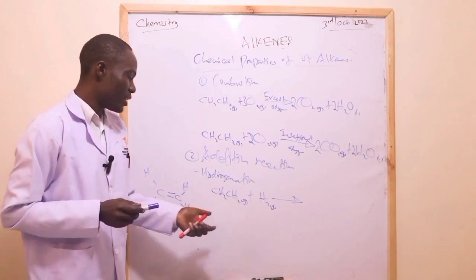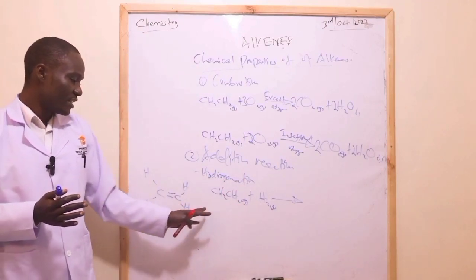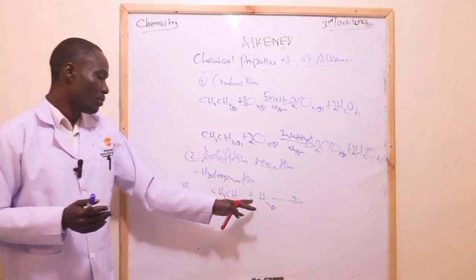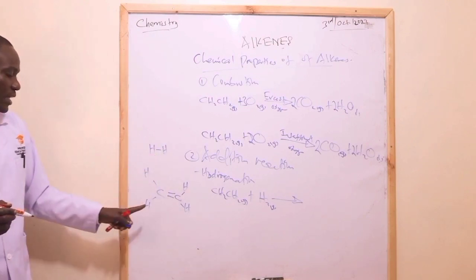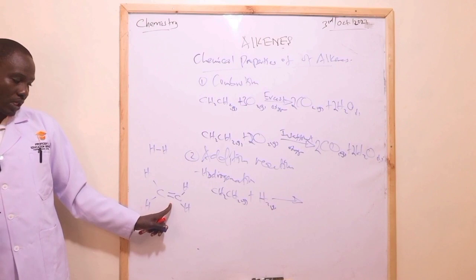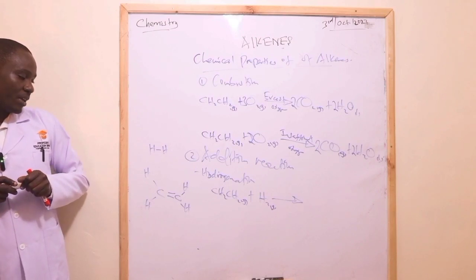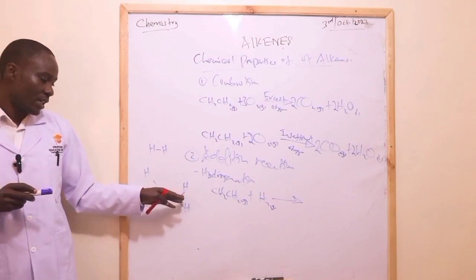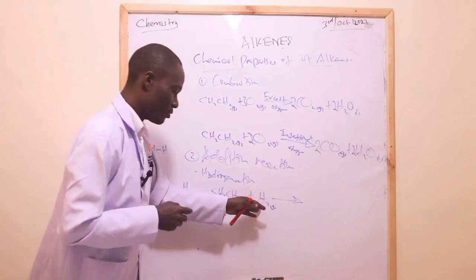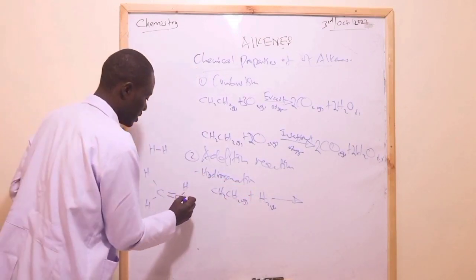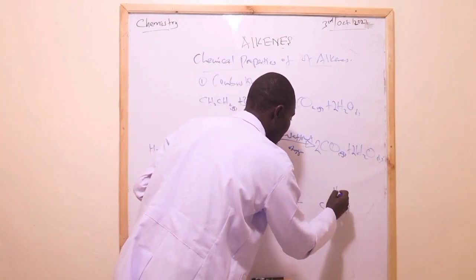We'll find that should we react the gaseous ethene and hydrogen, the bond between the hydrogen atoms will break, and the carbon-carbon double bond will also be broken, so as to give free electrons which will accommodate the broken atoms of hydrogen from a molecule of hydrogen in this case, so that we can form ethane this way.